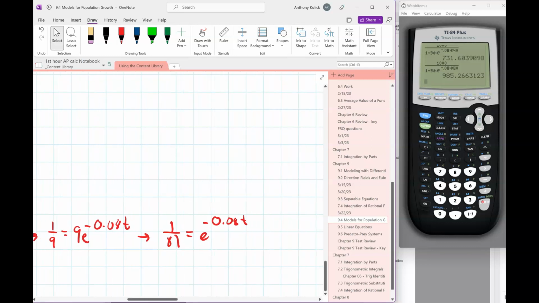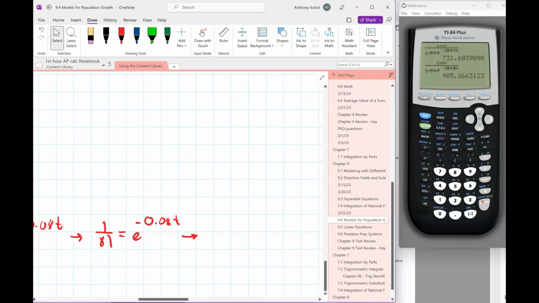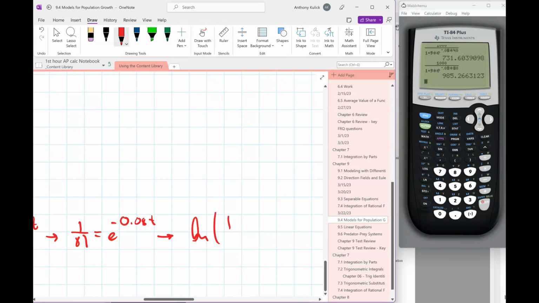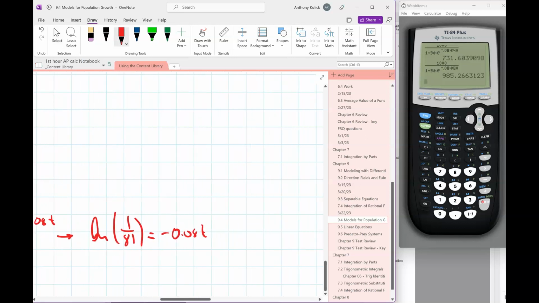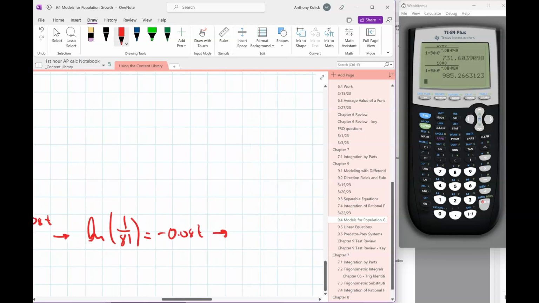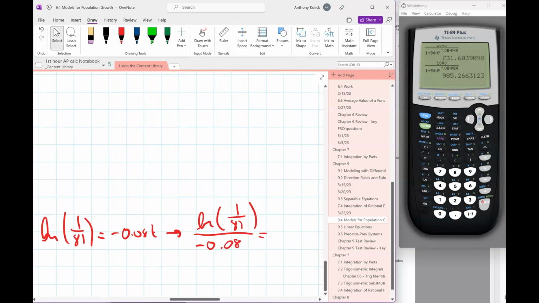We'll do the natural log of both sides to cancel out the e. And then divide both sides by negative 0.08. And that should be my t.